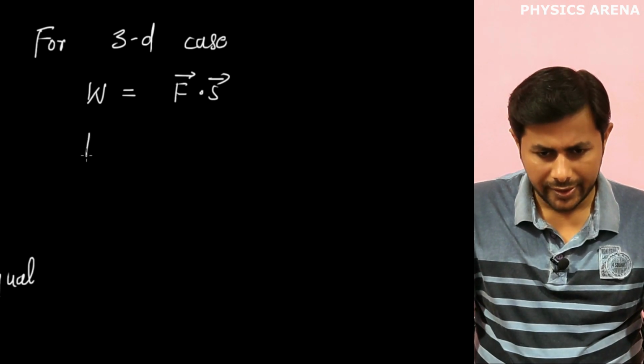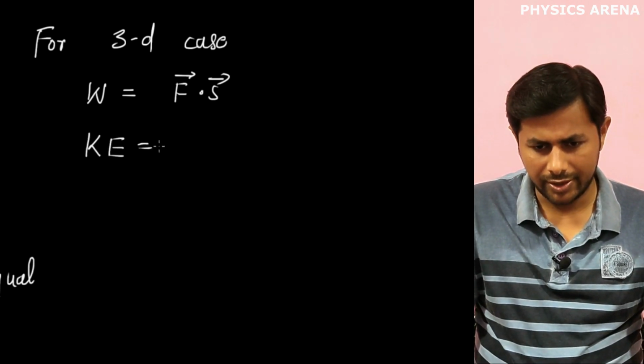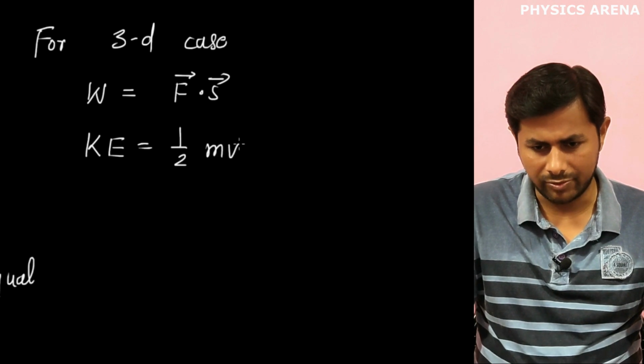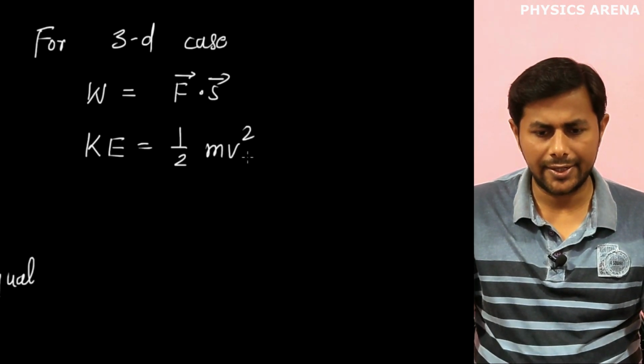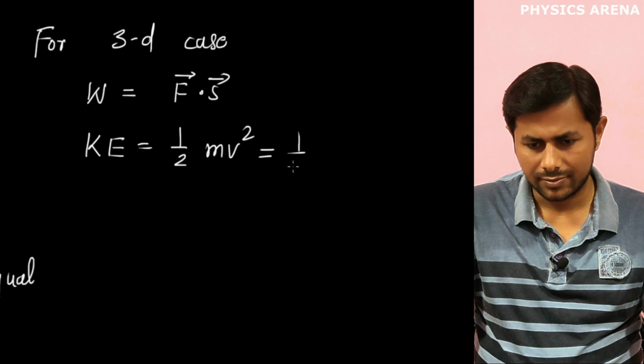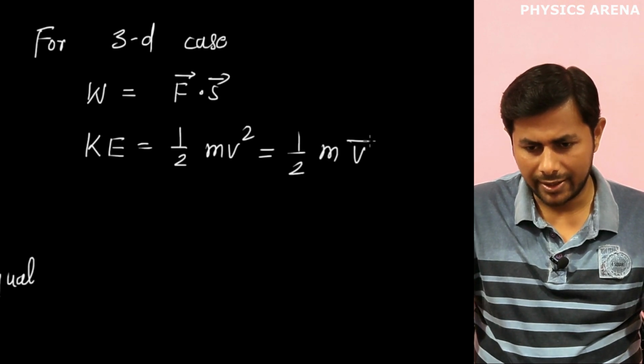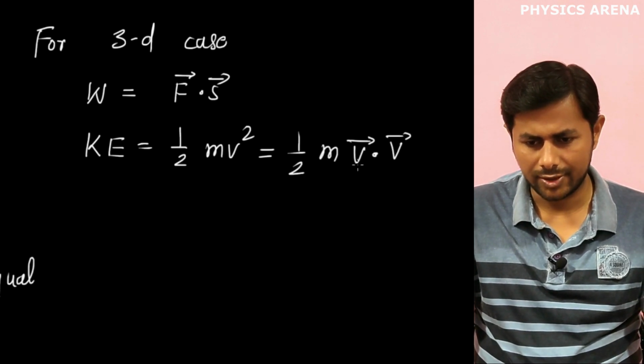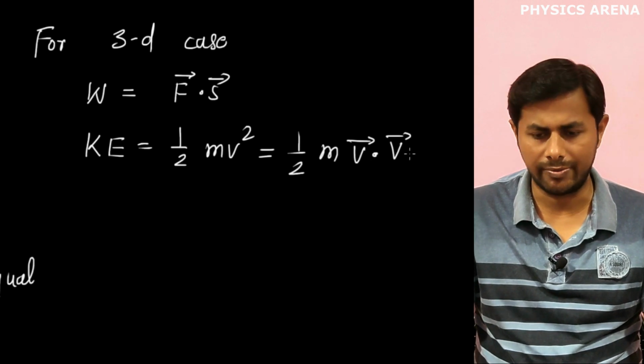Kinetic energy is equal to half of m times v squared, and I can write this v squared as v bar dotted with v bar. Okay, the dot product of v bar with v bar.